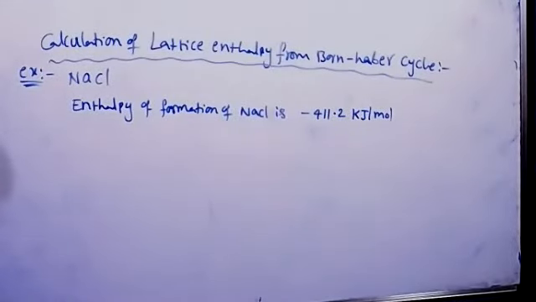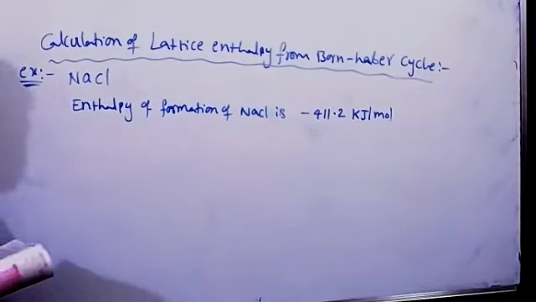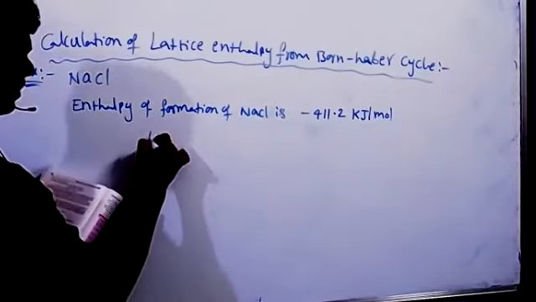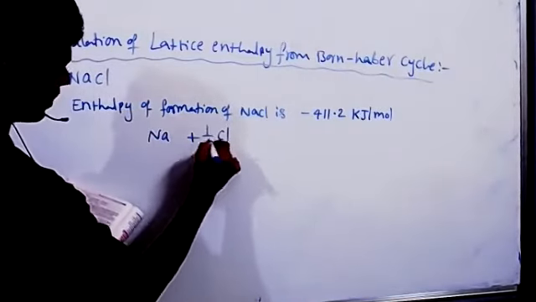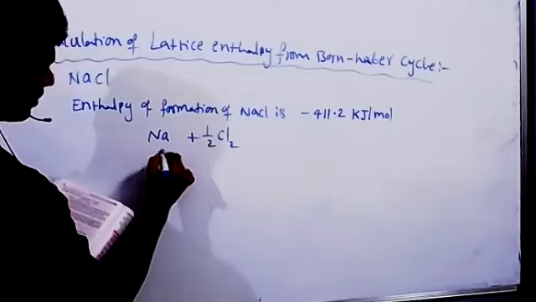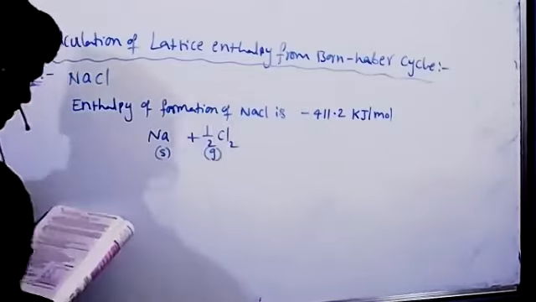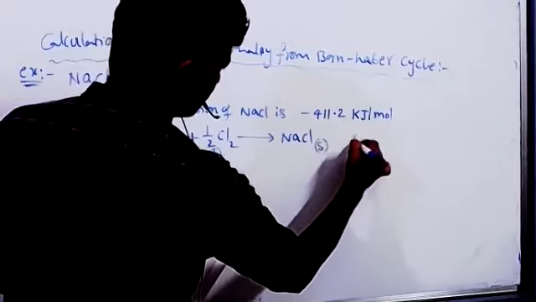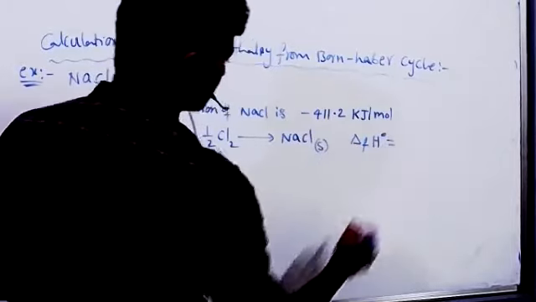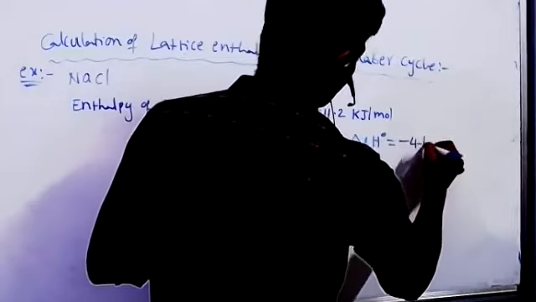We may write the equation: NaCl is obtained from Na solid and half a chlorine molecule, which is a gas, giving NaCl solid. So the enthalpy of formation is minus 411.2.